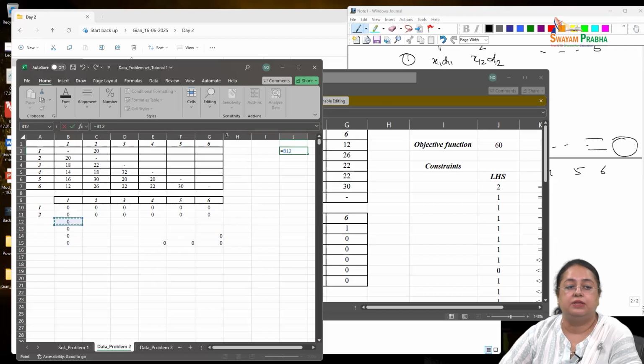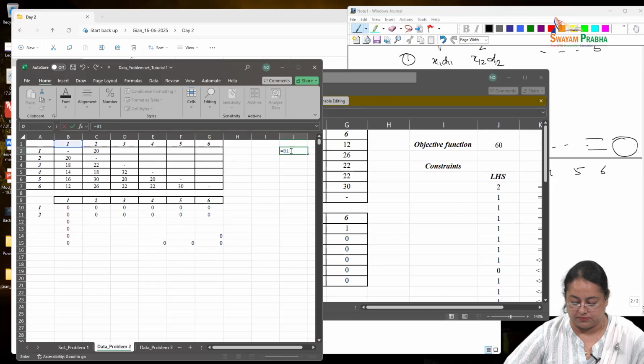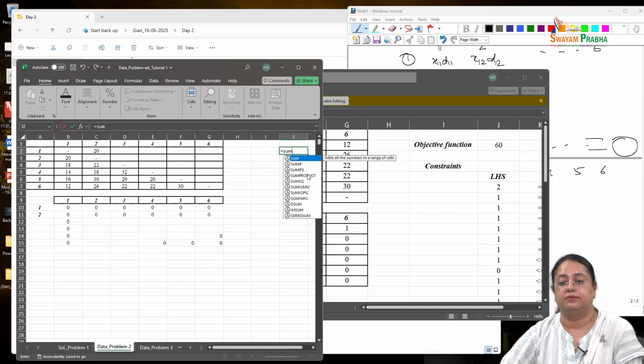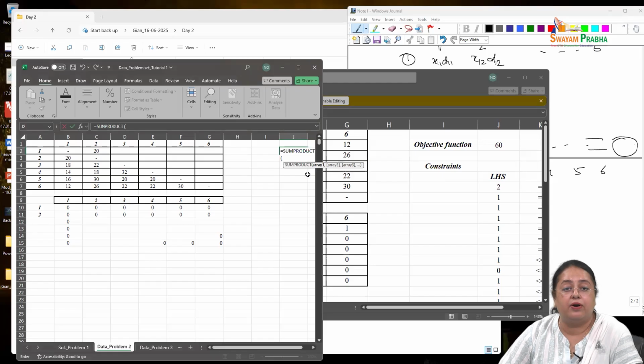Now, these are two matrices. Rather than doing that, Excel gives us a very good command, which is SUMPRODUCT. If you see SUMPRODUCT here, can you select it? It says array 1.